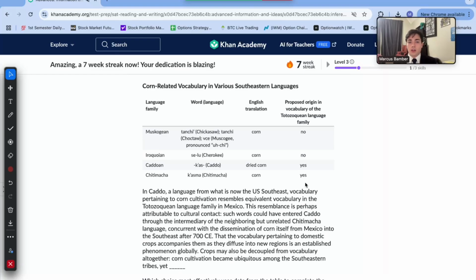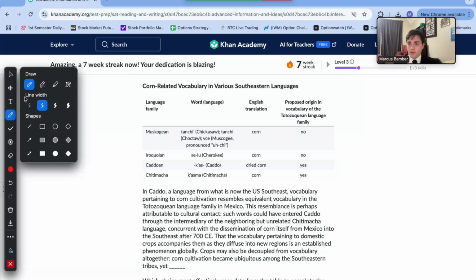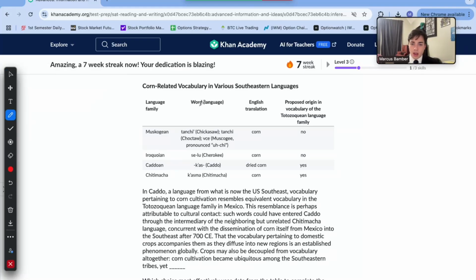Okay, taking a look at the second question, we have a diagram in table format here talking about these different language families, the different languages inside of the families, for corn, and then seeing if the proposed origin of the vocabulary is of the Totozoquean language family.